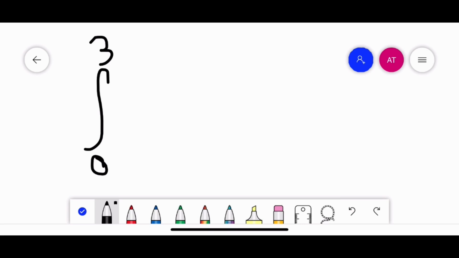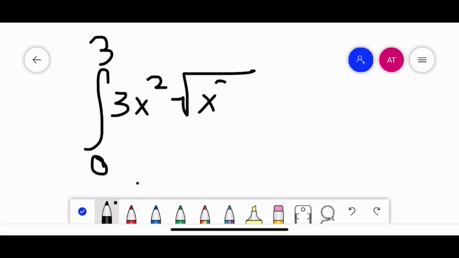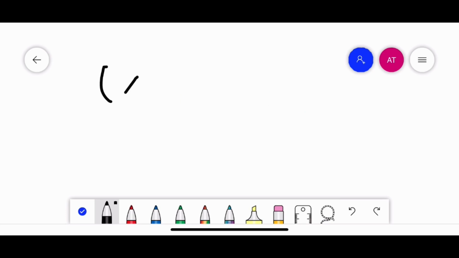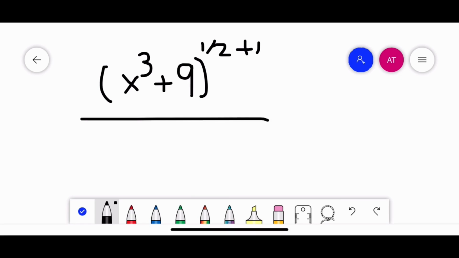So then the integral becomes 3x squared radical x cubed plus 9, which is equal to radical u. And then we substitute du over 3x squared in the place of dx. So then the 3x squared and the 3x squared cancel out, so the integral becomes radical u. And then if we integrate that, it becomes x cubed plus 9 to the power of half plus 1 over half plus 1, which is equal to 3 over 2.